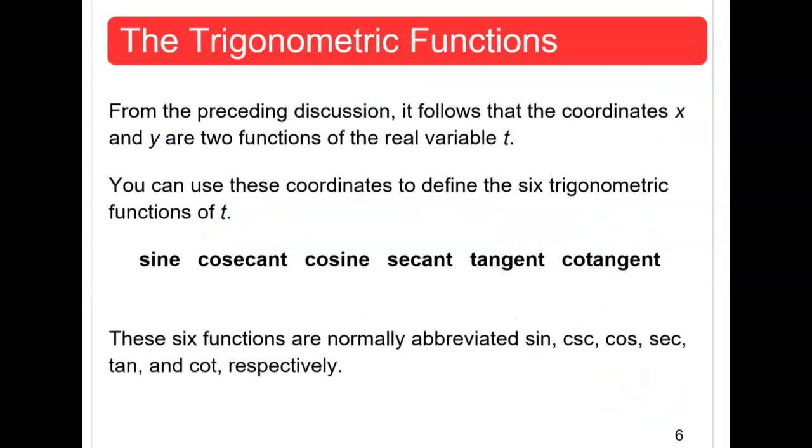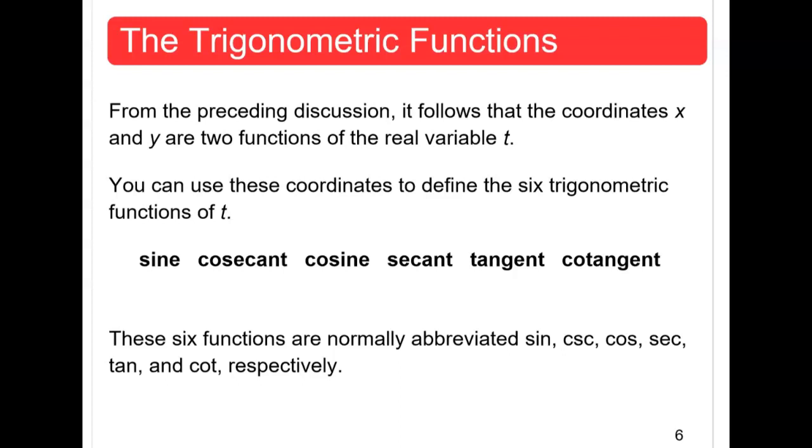From the preceding discussion, it follows that the coordinates x and y are two functions of the real variable t. And this is going to become very important when we define the domain and the range of this function, because it will be based on the letter t.